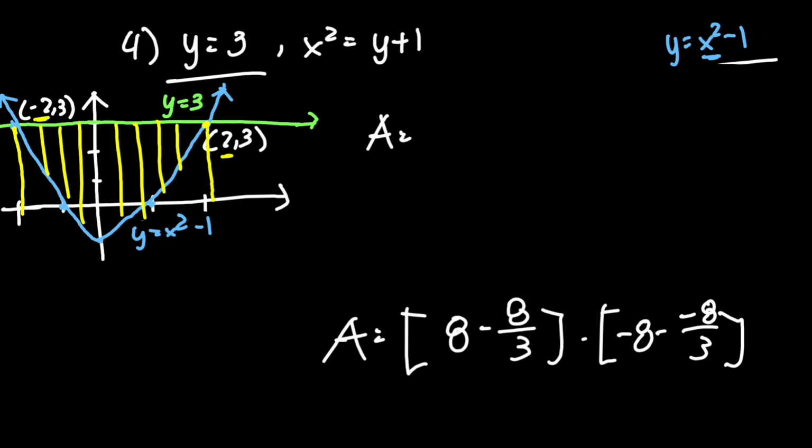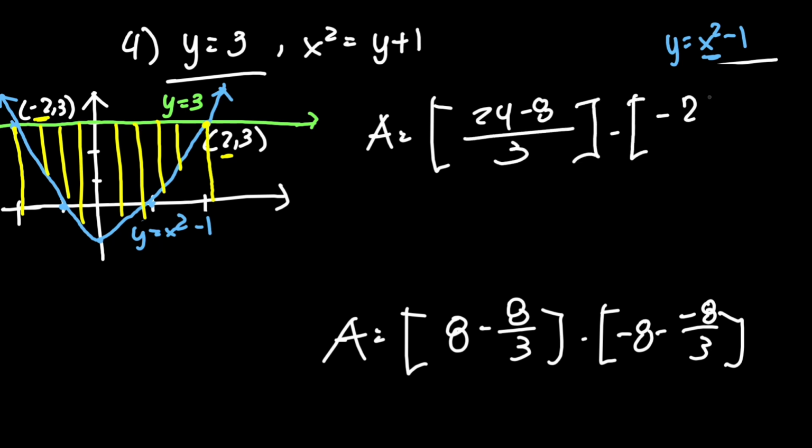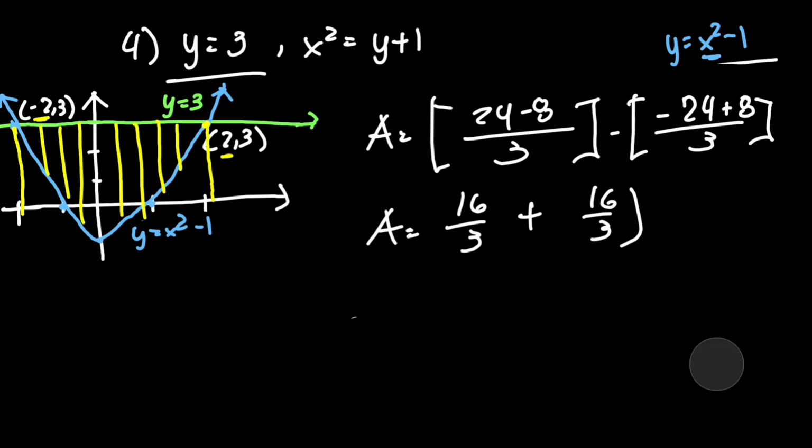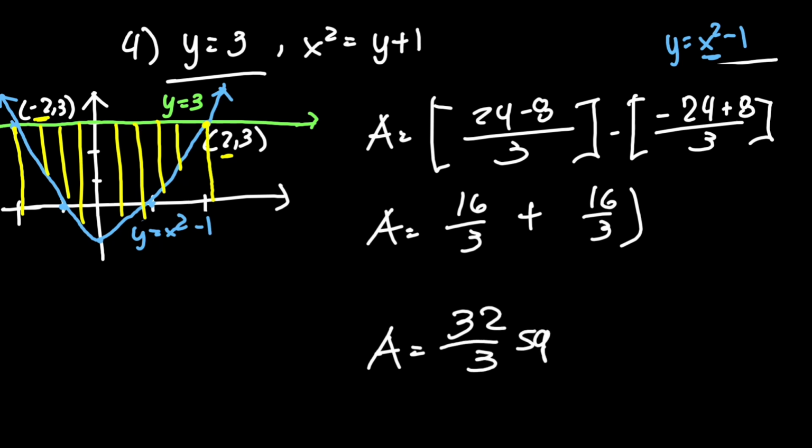So what you have here would be equal to 24 minus 8 over 3 minus negative 24 plus 8 over 3. And so you would have 16 over 3 minus negative 16 over 3. This should be positive now. And so the final answer right here would be equal to 32 over 3 square units.